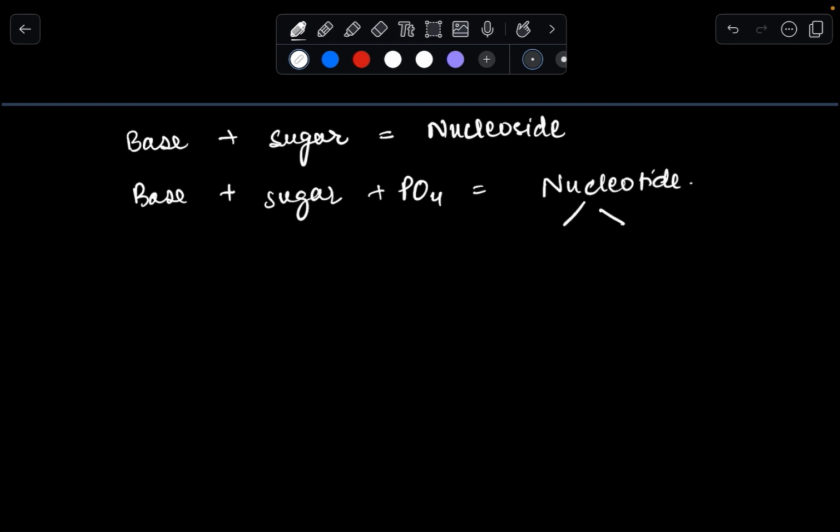So a nucleotide is a nucleoside plus phosphate. We will dive deep into the structures and the backbone, how the backbone is formed, and how the double-stranded DNA forms the double helix, in later videos.